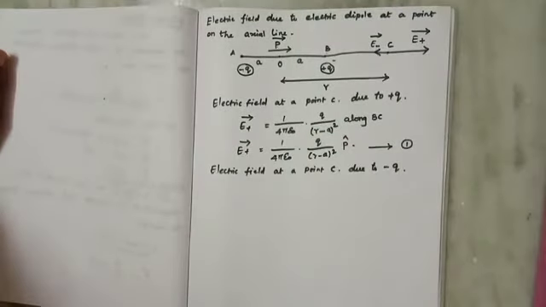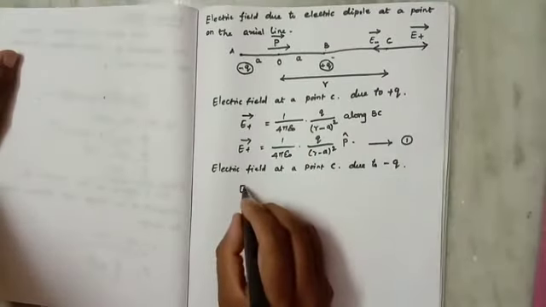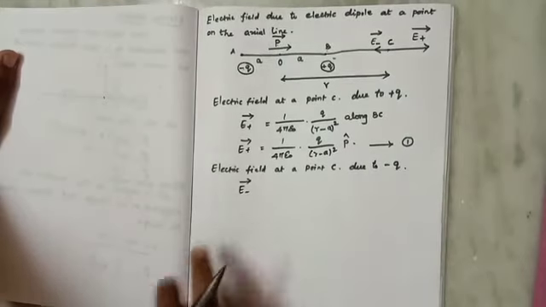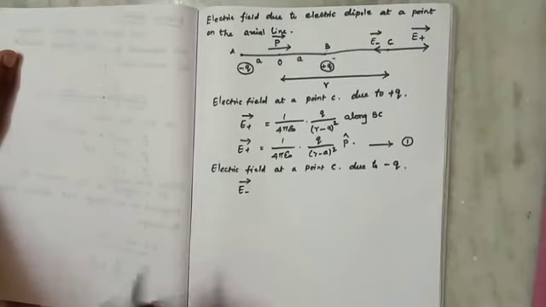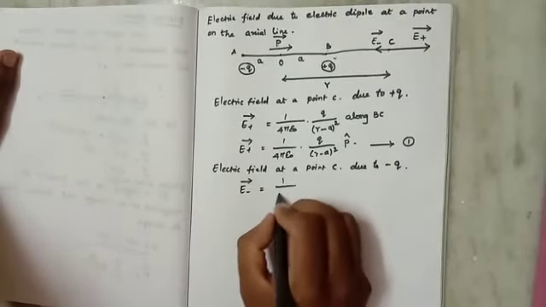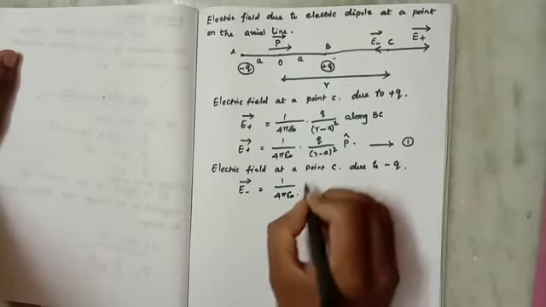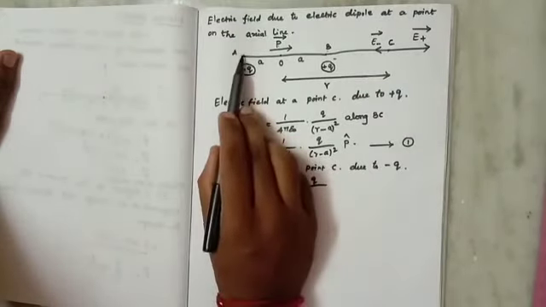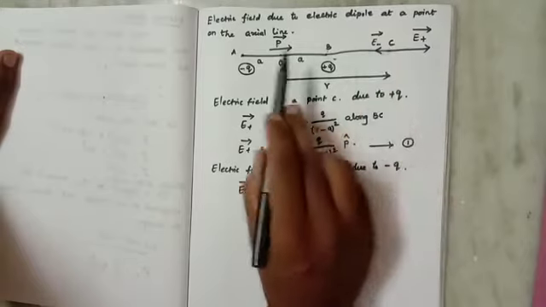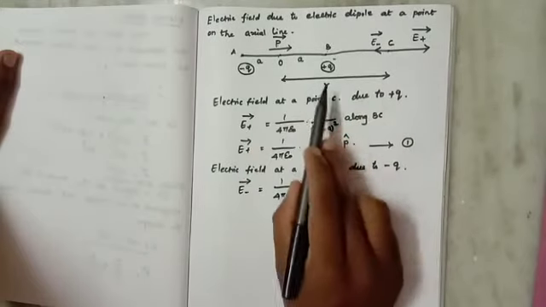Okay, so from this we can write the electric field due to the negative charge, that is E minus vector is equal to 1 divided by 4 pi epsilon naught, q divided by, we need to calculate the distance between the negative charge and C. From the midpoint C has a distance r.